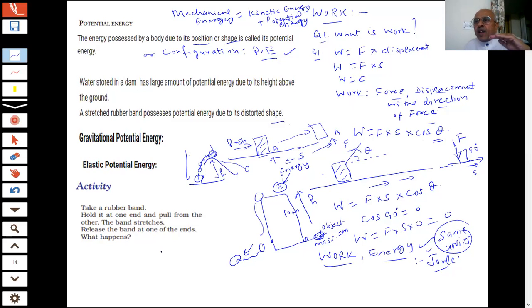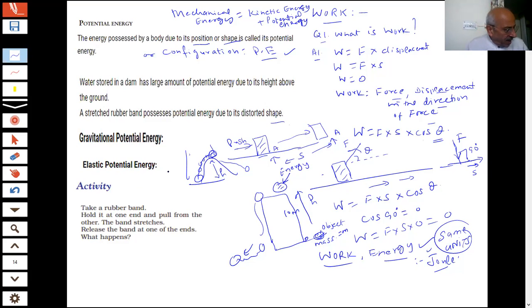So here, what happened? As it moves, potential energy is converted into kinetic energy. As soon as you release it, it is moving. So students, this is what is happening. You can see these are some of the activities, students. Activities are important to understand the different types of things which we study, students.